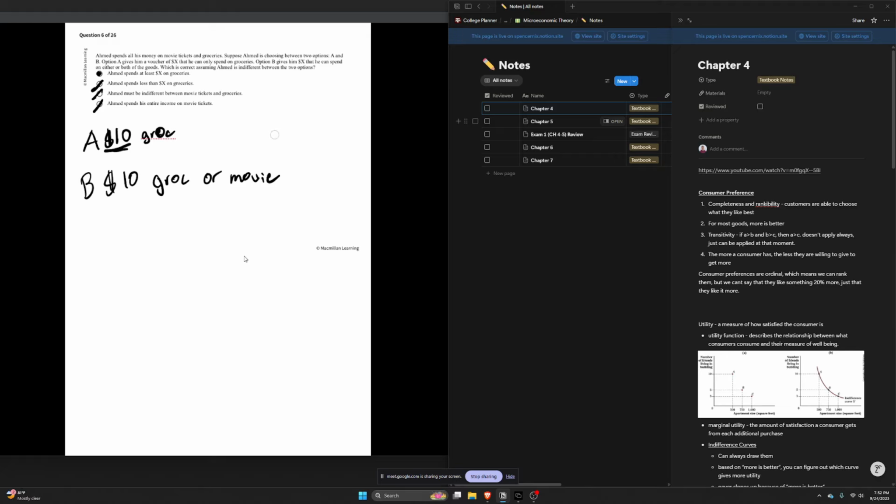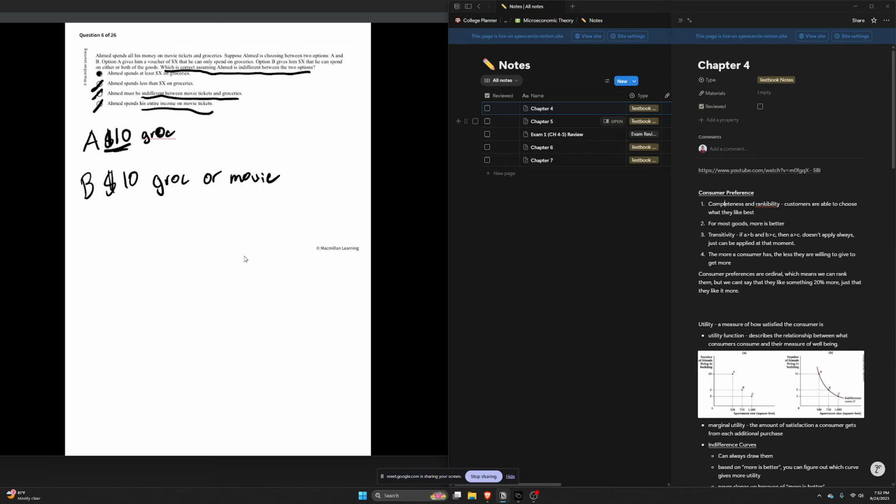So next one, Ahmed must be indifferent between movie tickets and groceries. So the whole question is which is correct, assuming Ahmed is indifferent between the two options. If he was indifferent, then he could do this. Like he wouldn't care if he wasted the $10.